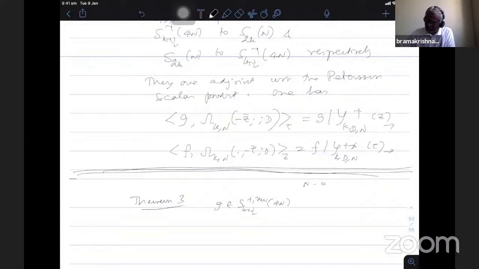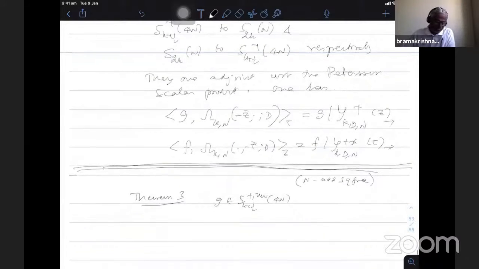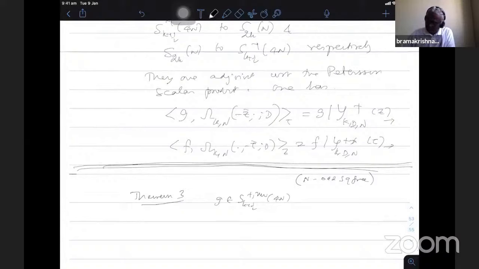Whenever I take N odd and square free, whenever I talk about newform, it is square free, otherwise it is odd. Let m, n be natural numbers such that (-1)^k m and (-1)^k n are 0 or 1 mod 4. And suppose that (-1)^k n is a fundamental discriminant.